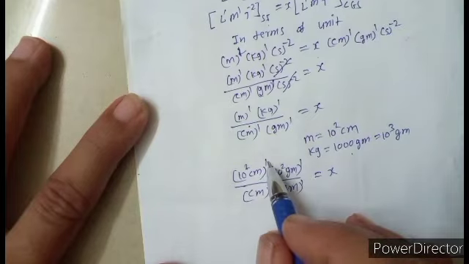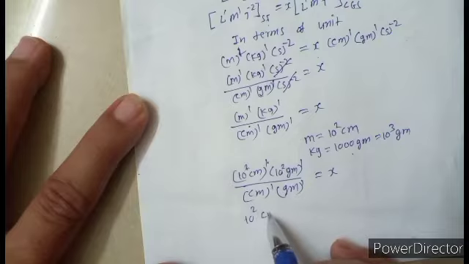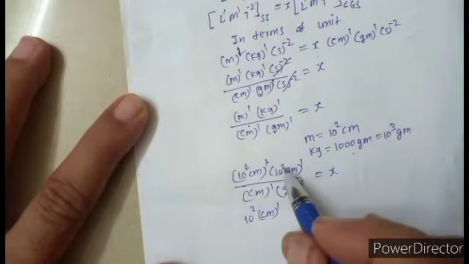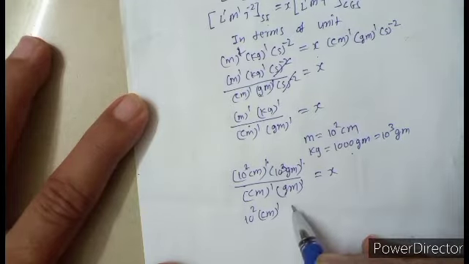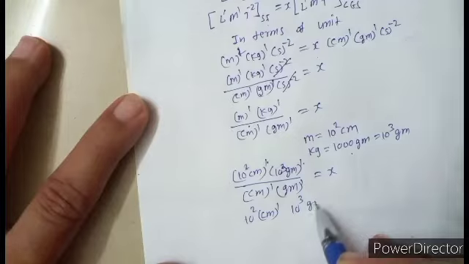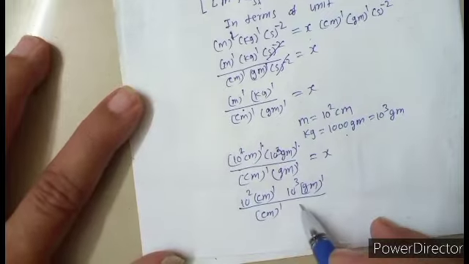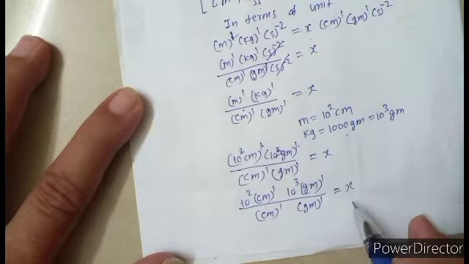So 2 into 1 is again 2. So 10 raised to 2 cm raised to 1, 10 raised to 3 gm raised to 1, divided by cm raised to 1 gm raised to 1, is equal to x.